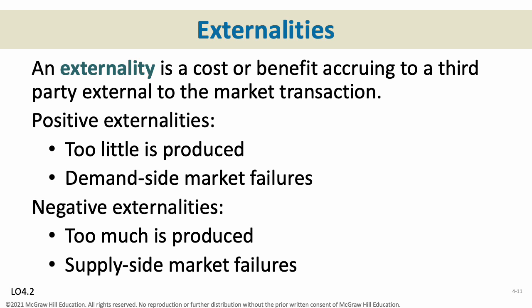Your electric car would have a positive externality in the sense that it makes no tailpipe emissions and overall a lot less pollution to run than your old, let's say, 1990s gas guzzler. And other people are going to benefit besides you. Everybody who lives around you is going to benefit from the fact that it's not making all of this pollution. So we would say it's a positive externality.